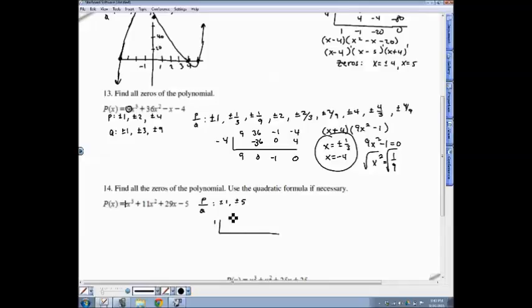So, we try 1 here. This is not looking good. We try -1. Not looking good either. Try 5.